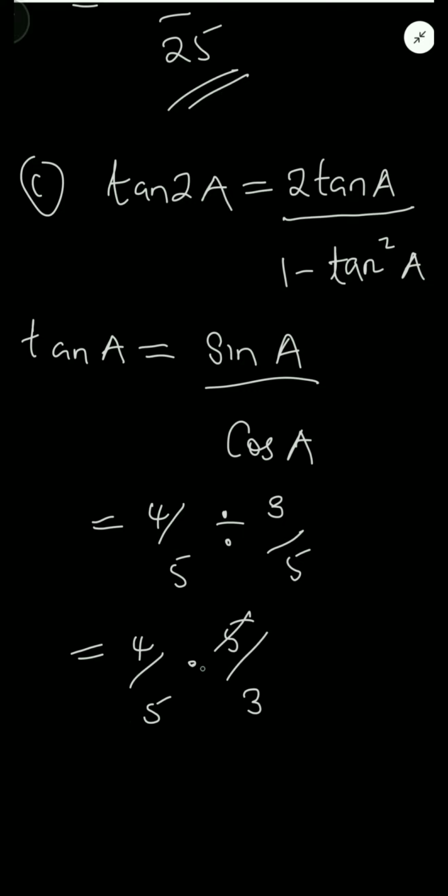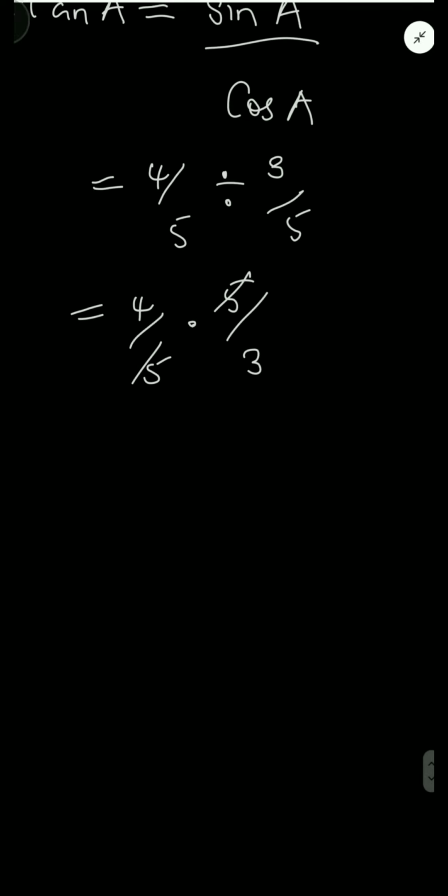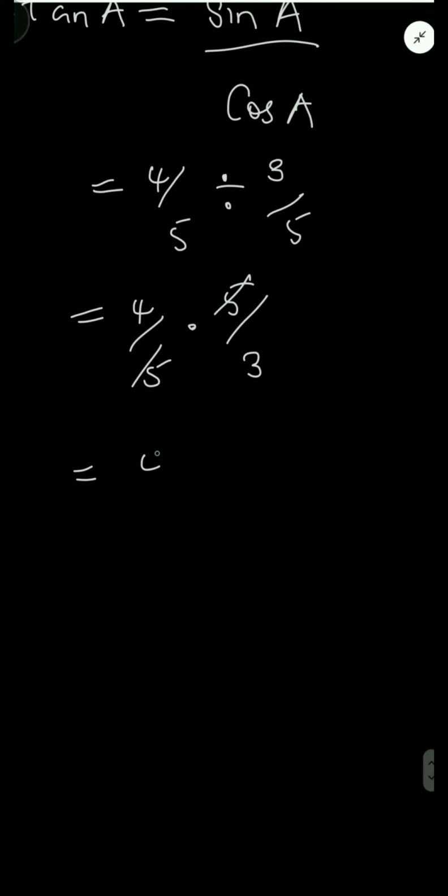We'll simply have 4/5 times the reciprocal, 5/3. The 5 and the 5 will cancel, and we get 4/3 as our answer for tan A.